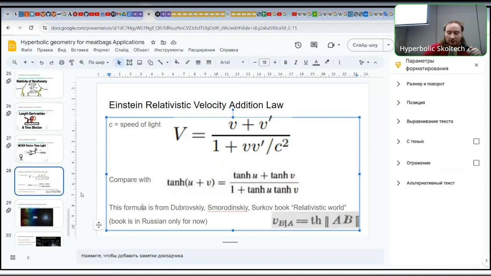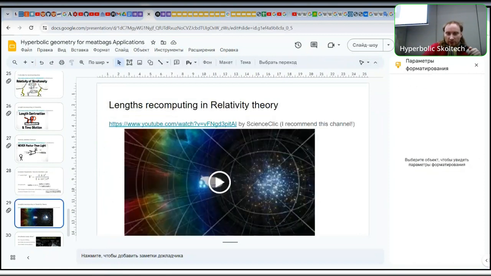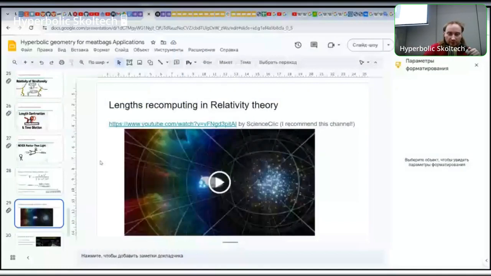And actually, when your velocities are not on the same line, then you just solve a hyperbolic triangle. I already showed you what the formulas are for a hyperbolic triangle. So you can use this in your practice if you want. And there was a visualization of how lengths change.